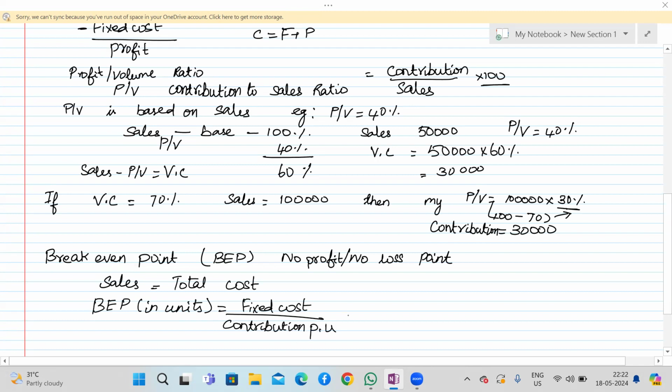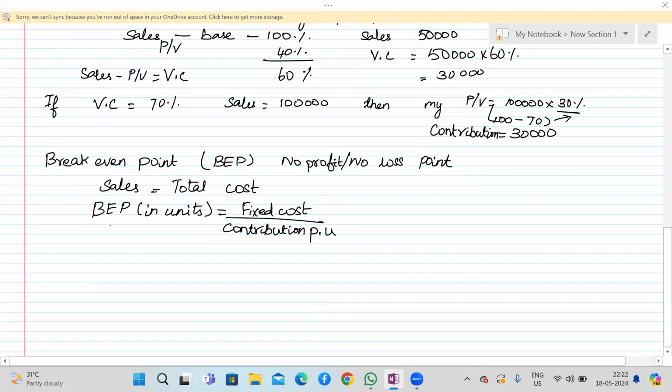Then the resulting answer will be in units. If I want break-even point in rupees, then I should use the formula fixed cost divided by, instead of contribution, PV ratio.